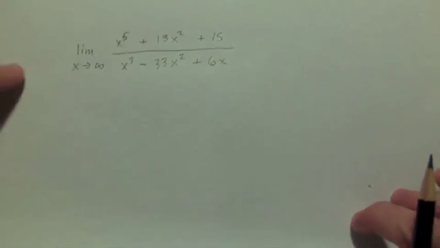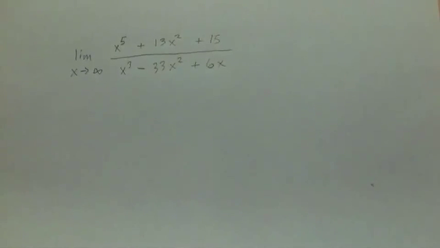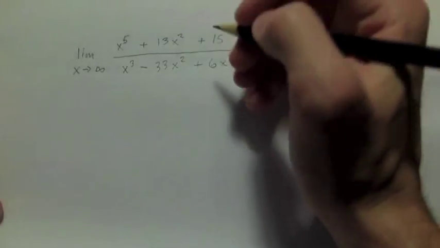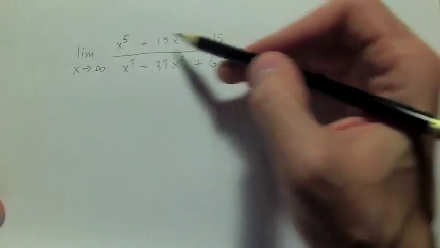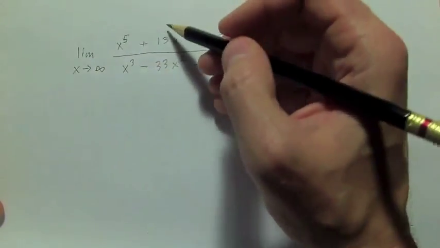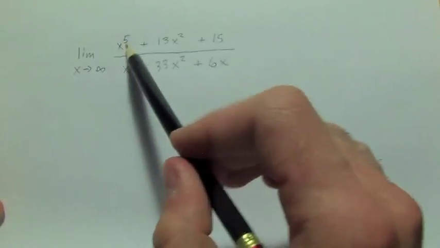So the last thing to really talk about in this section is when we have fractions of things, and we're looking at the limit as x goes to infinity. The trick here is, from the leading term idea that we have, I know this x to the fifth is going to take over, and really this is pretty easy because it's infinity plus 15.